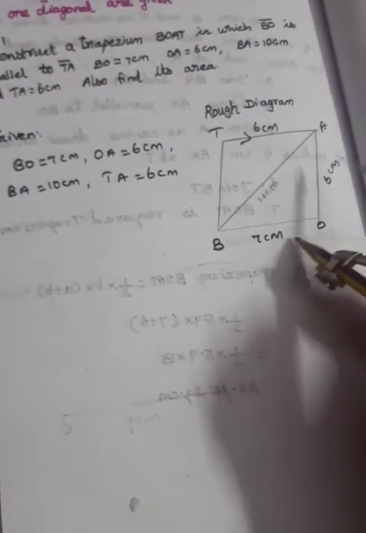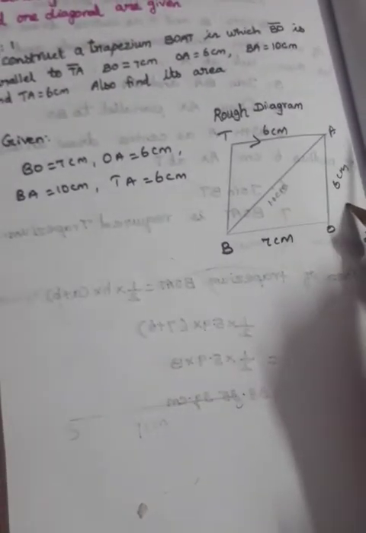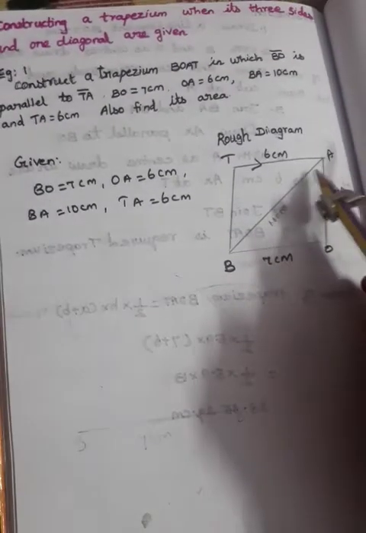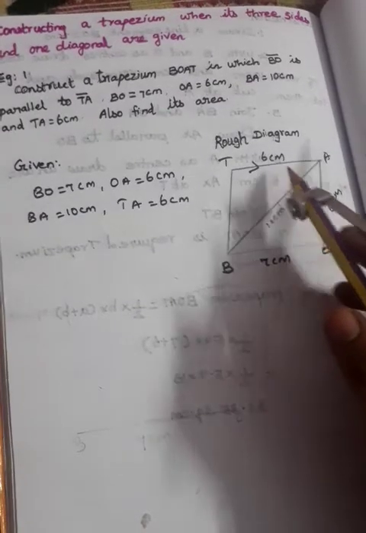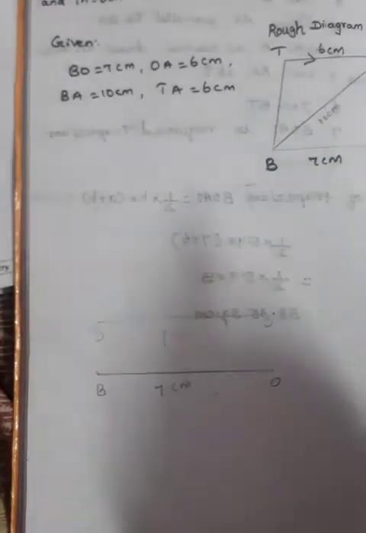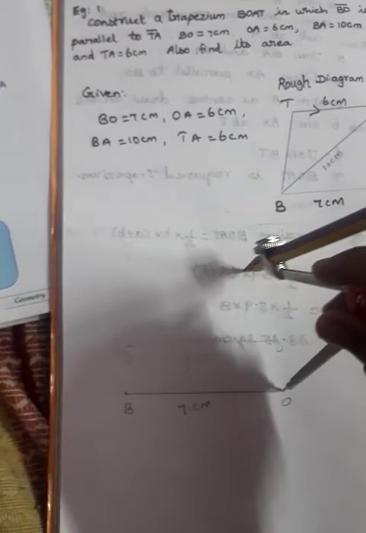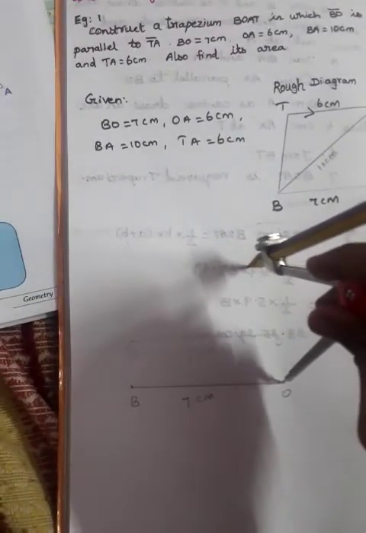BO is 7 cm, then OA is 6 cm, then TA is 6 cm. Draw a rough diagram of the trapezium. Next OA 6 cm.